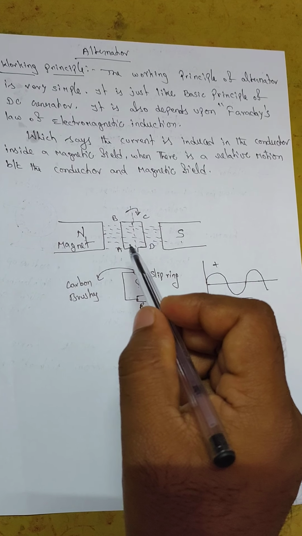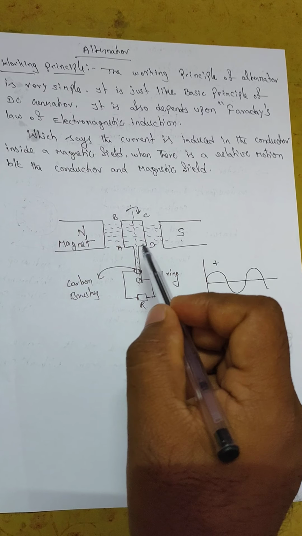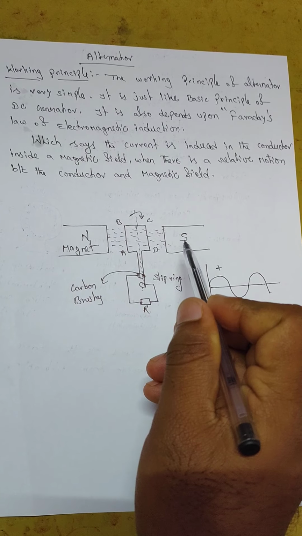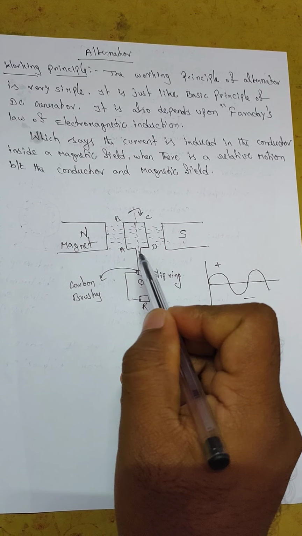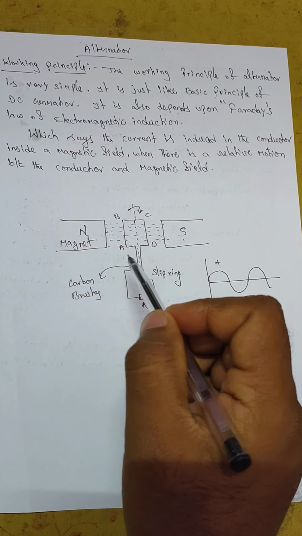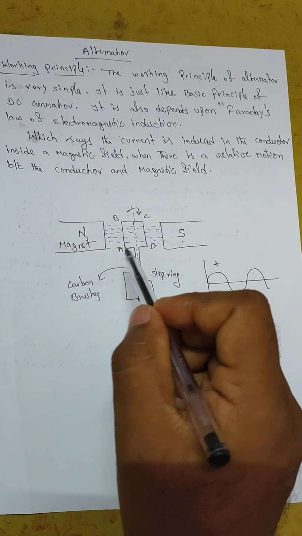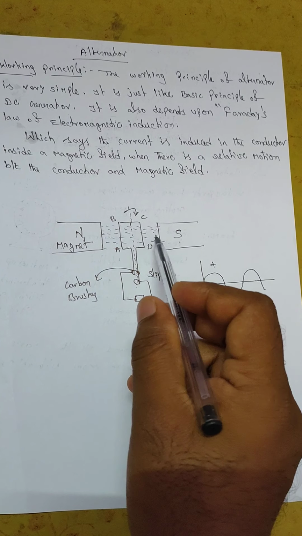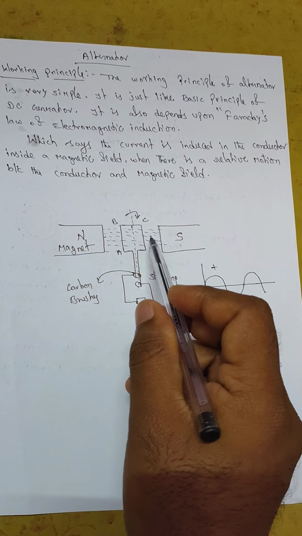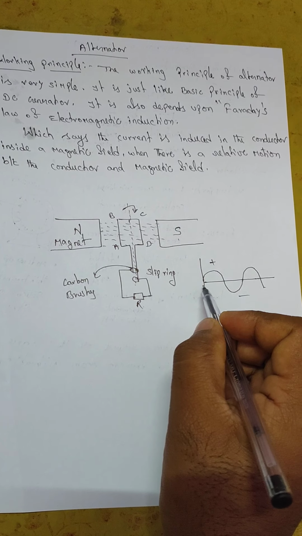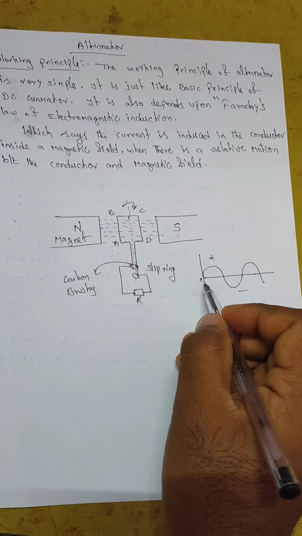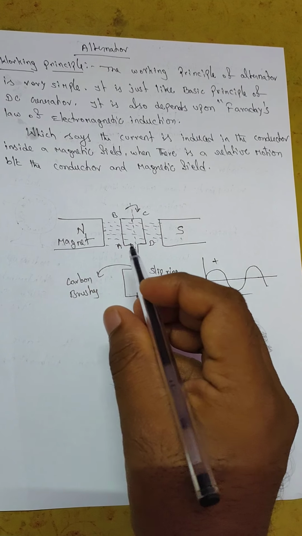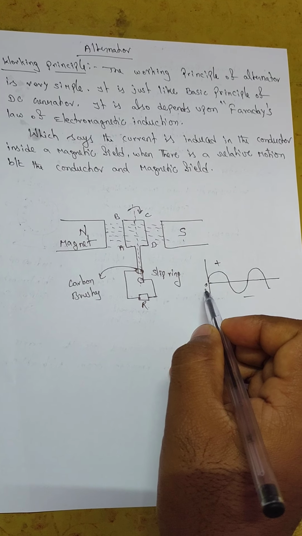For example, in the initial position, the magnetic lines pass from the north pole to the south pole, and the rectangular shape ABCD is parallel with the magnetic lines. That means both are in a parallel condition. Then no magnetic flux is linked with the conductor, so there is no induced EMF in the conductor at that particular time.